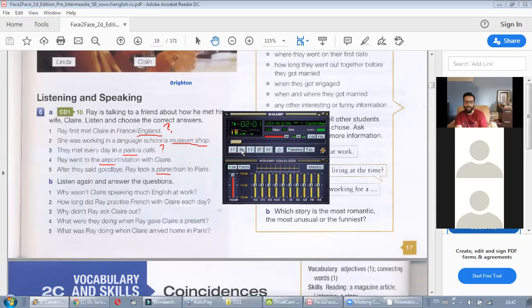How did you meet your wife, Ray? We first met when she was renting a room in my sister's flat in Brighton. Was it love at first sight? Yes, it was. Well, for me, anyway. So, what happened? Well, Claire wanted to improve her English, so she was working in the shop at the museum for the summer. But she said she wasn't practicing her English because most of the people who came to the museum were tourists.